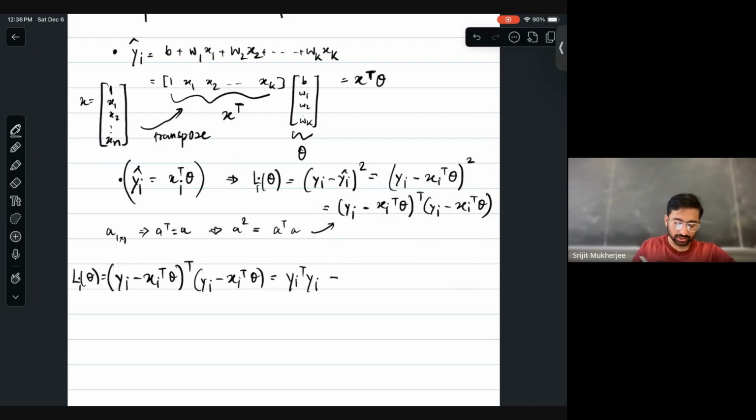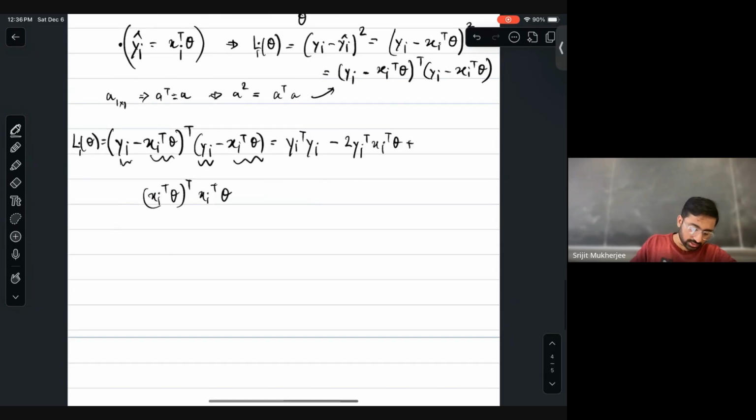Now if you add it, you will see both are yi transpose xi transpose theta. So it will be two of them, one is this, another is this, and both have minus, so it will be minus 2 yi transpose xi transpose theta. Plus xi transpose theta transpose times xi transpose theta. Since (AB) transpose is B transpose A transpose, this becomes theta transpose xi times xi transpose theta.